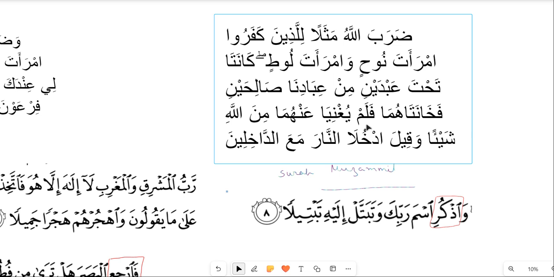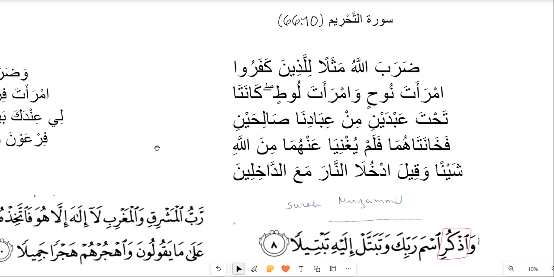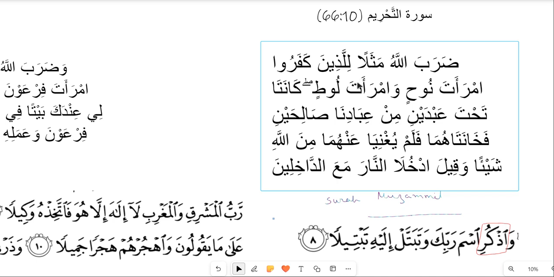It's actually from surah Tahrim. Now here you can see there is a command verb. Now a command verb you usually cannot find out from the structure, because it's written in a different script, right? So here is the command word.